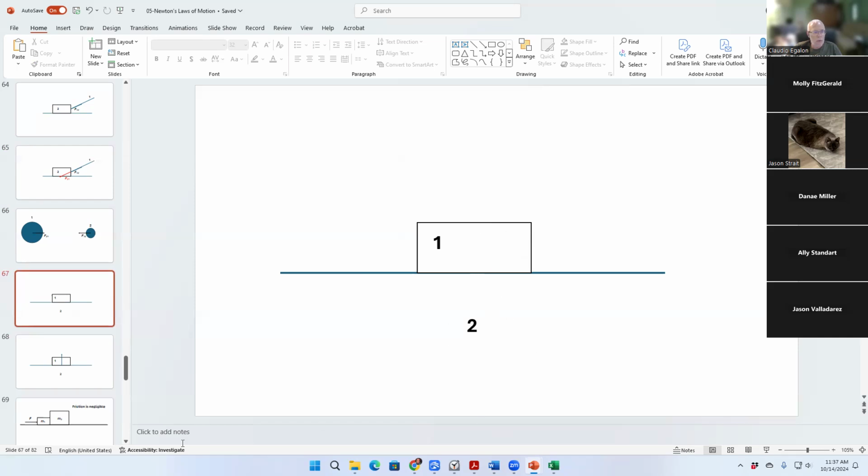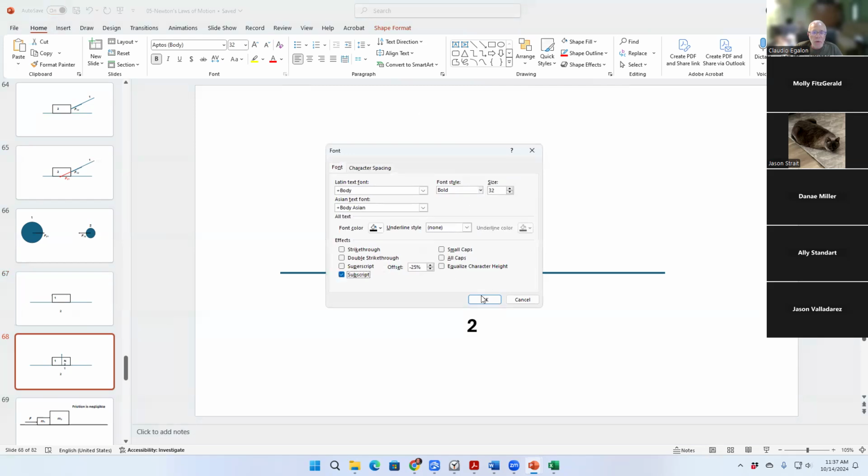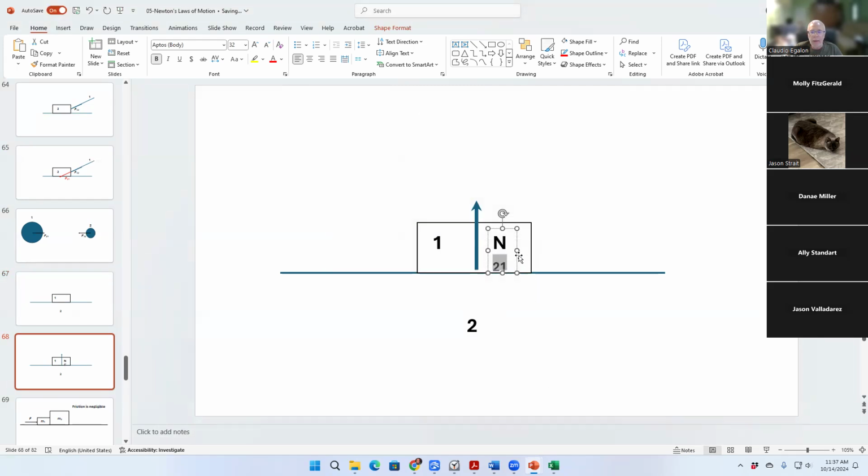Mass and table, right? You already know that the table is exerting a normal force on object number 1 that I'm going to call N of 2 applied to 1, subscript, like that.